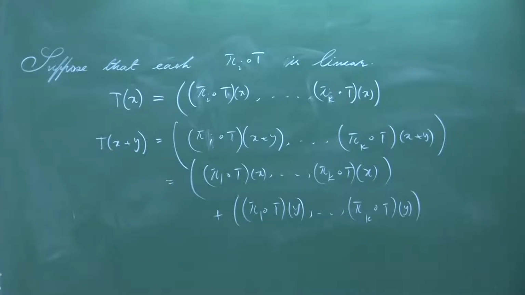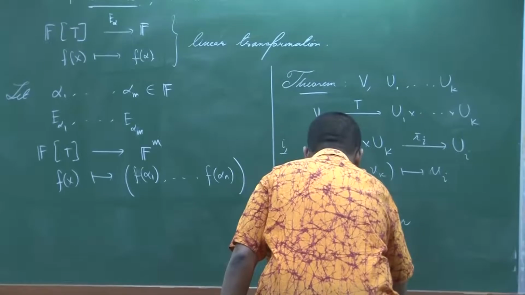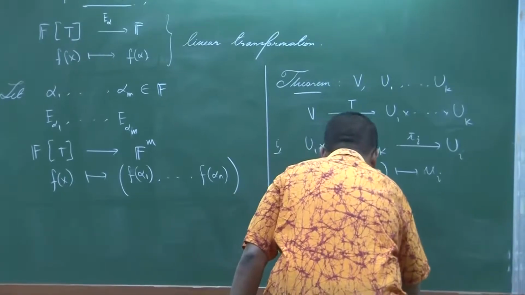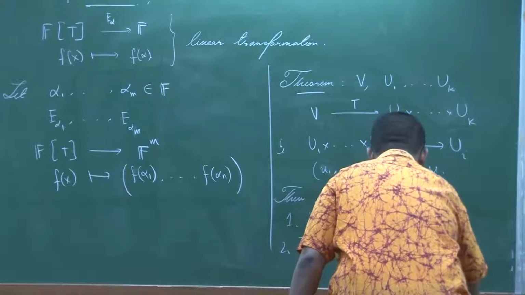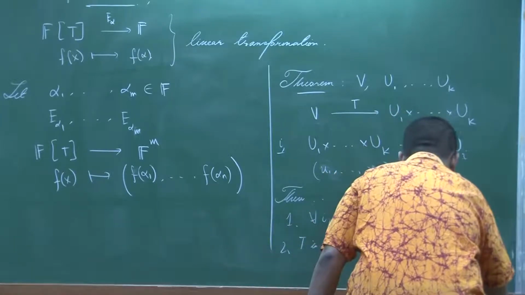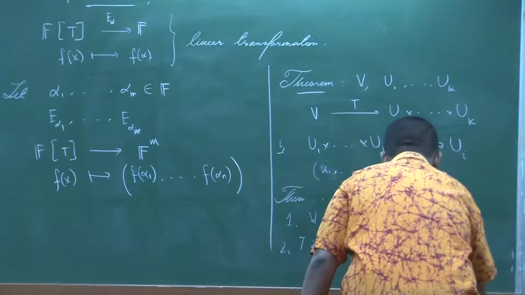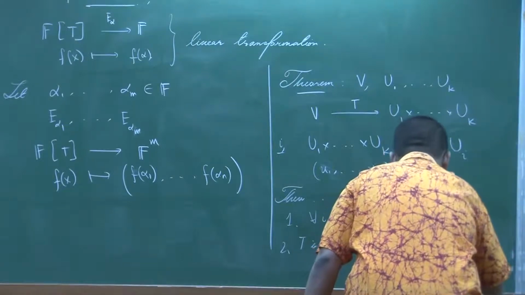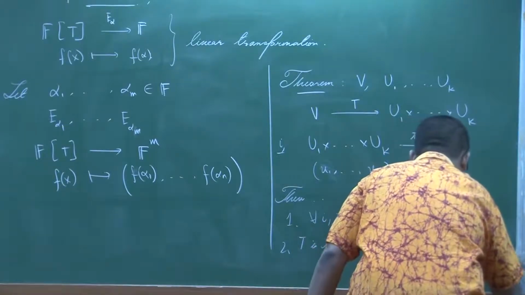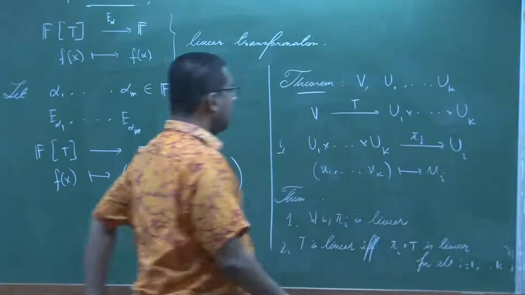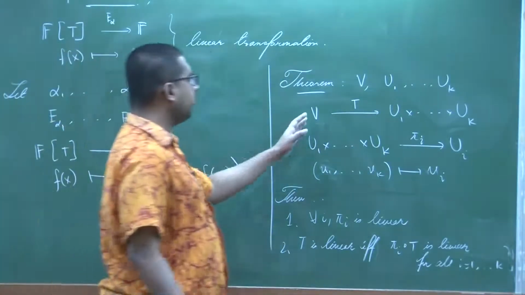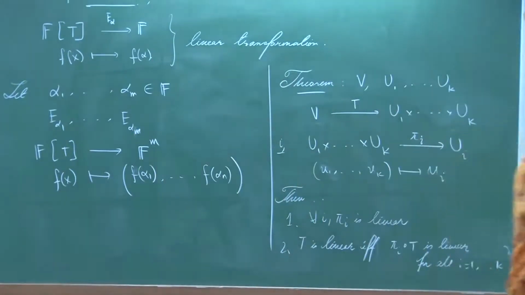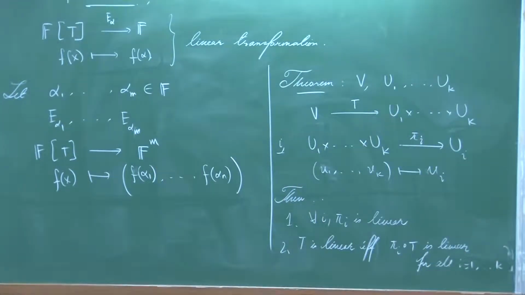So, T is linear if pi i compose T is linear for all i. So, what is the lesson of this general theorem? Suppose from a vector space we have a map to a product of vector spaces.